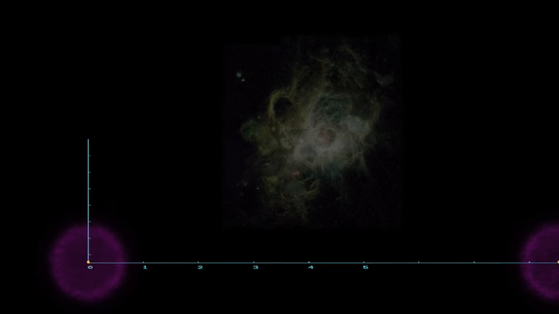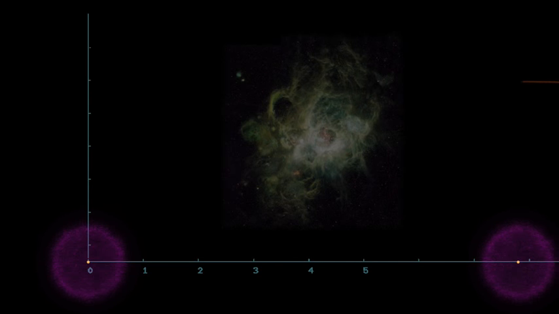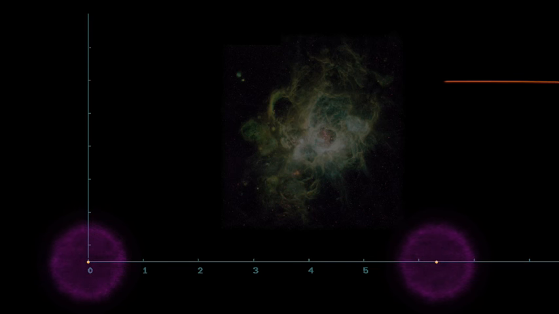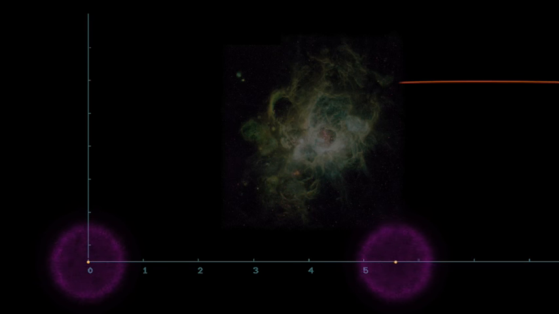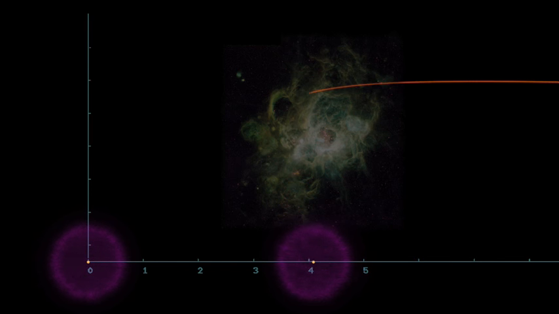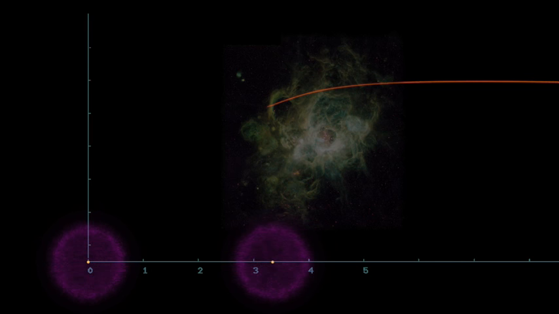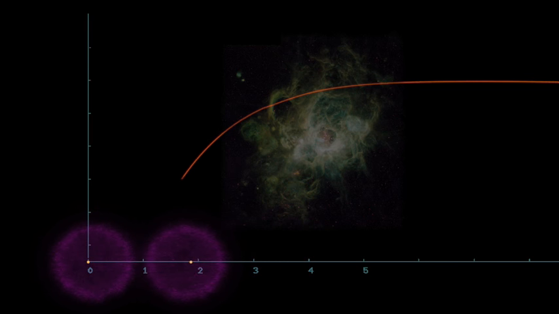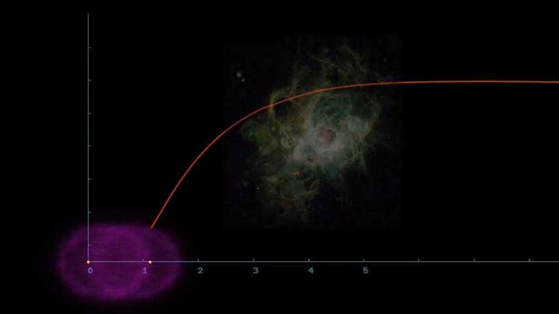Now let's bring another hydrogen atom into the picture. As we slowly start moving them closer to one another, we will show their combined energy on this graph. For a while, nothing changes. And then as they get close enough together, their energy starts to drop and eventually hits a minimum.